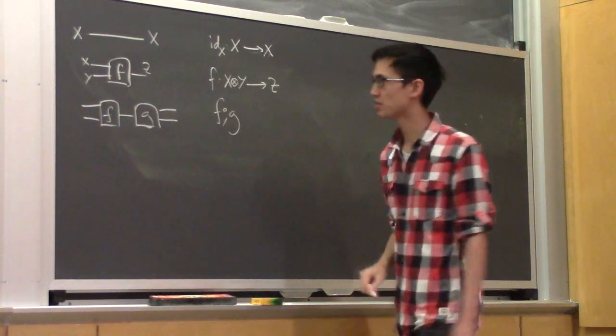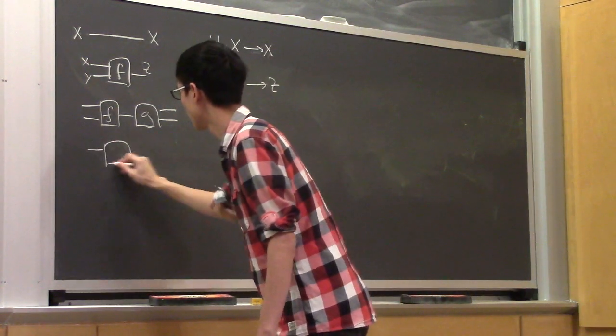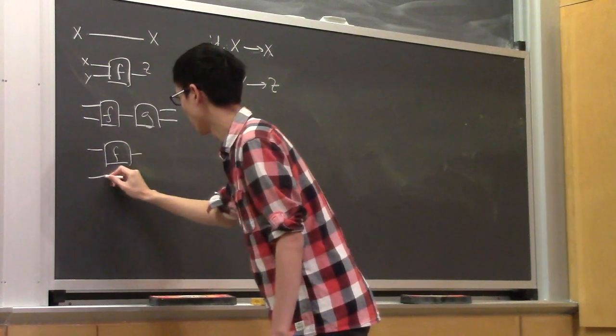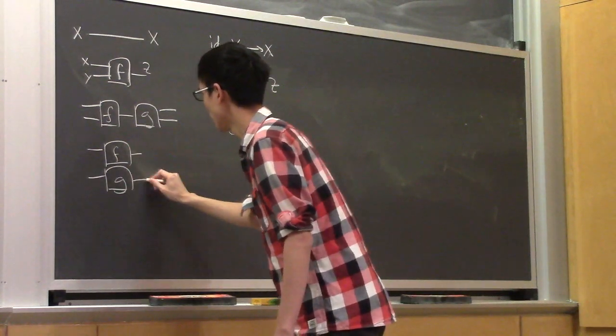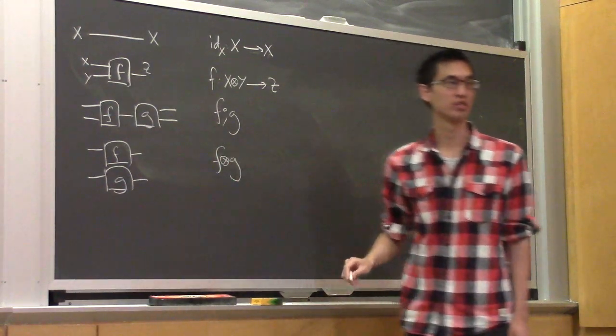And I'll skip the types, or the objects. If I see things in parallel, that denotes the tensor product of two morphisms.